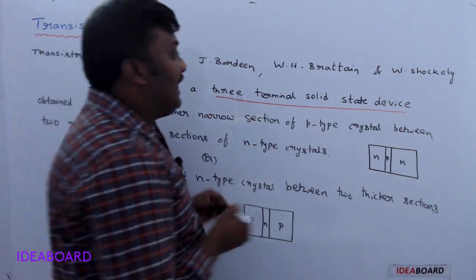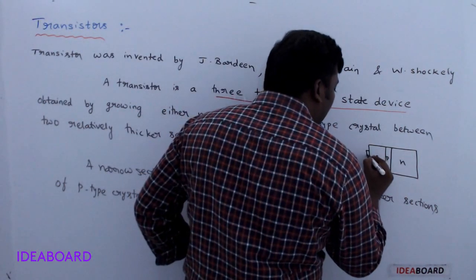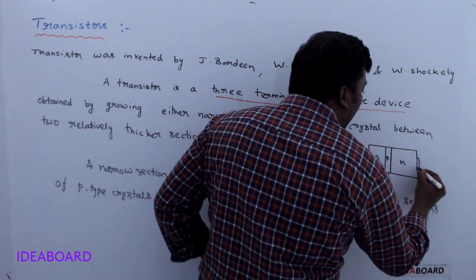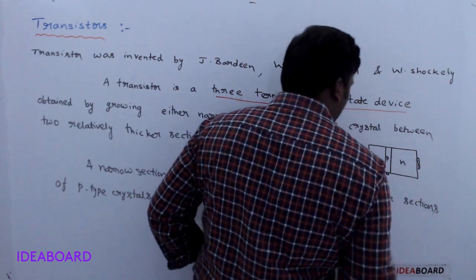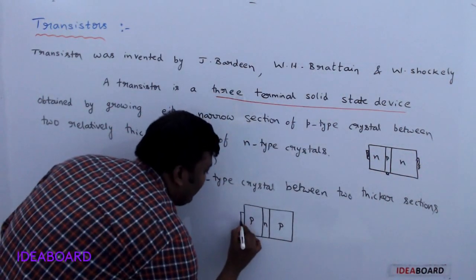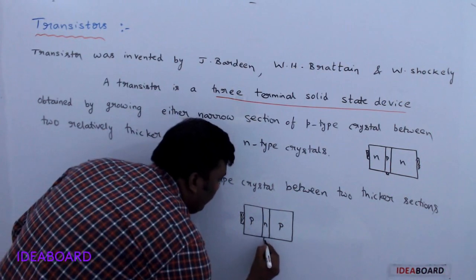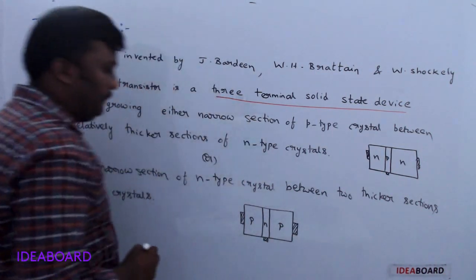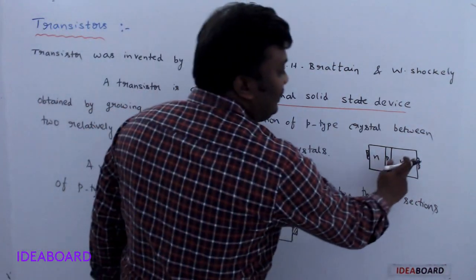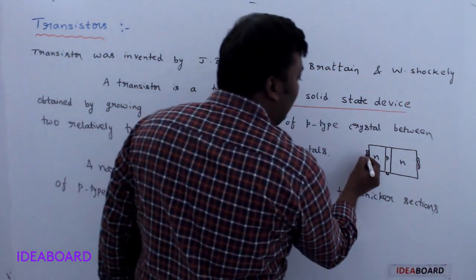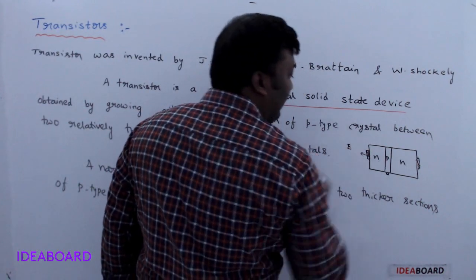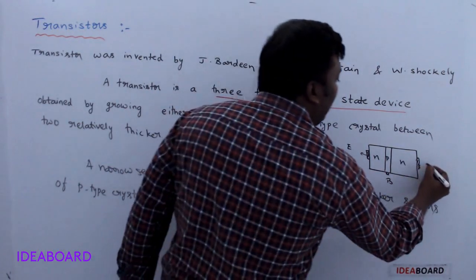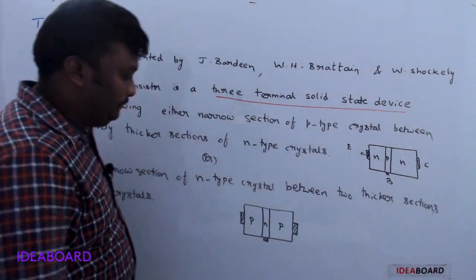Okay, so it has three terminals now. So that's why the three terminals are like this. Okay, the three sections of the transistor are, this is called emitter, this is called base, this is called collector.